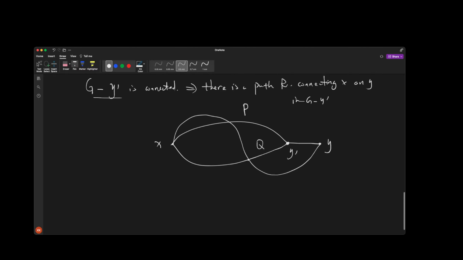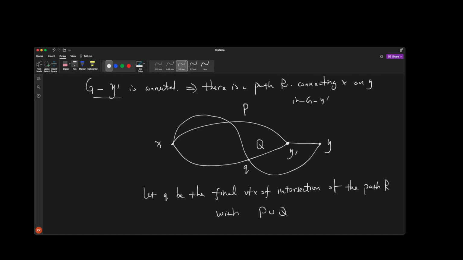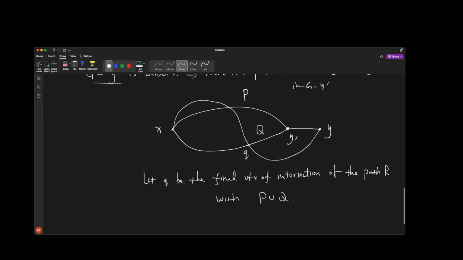Let Z be the final vertex of intersection of the path R with the union of P and Q. After Z, the remaining part of the path will not intersect P or Q.